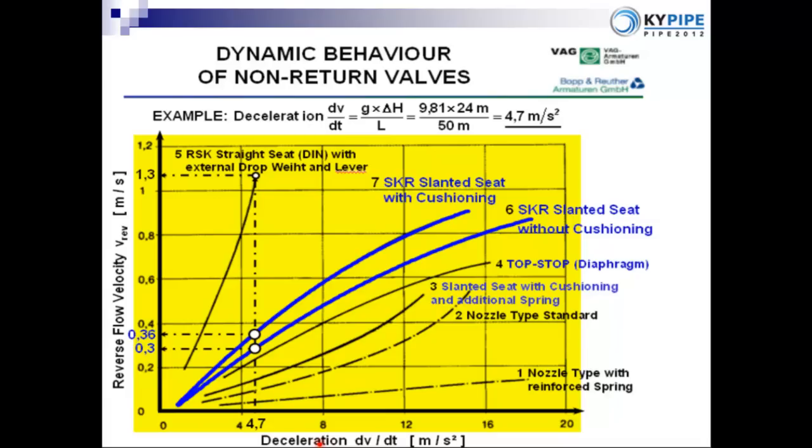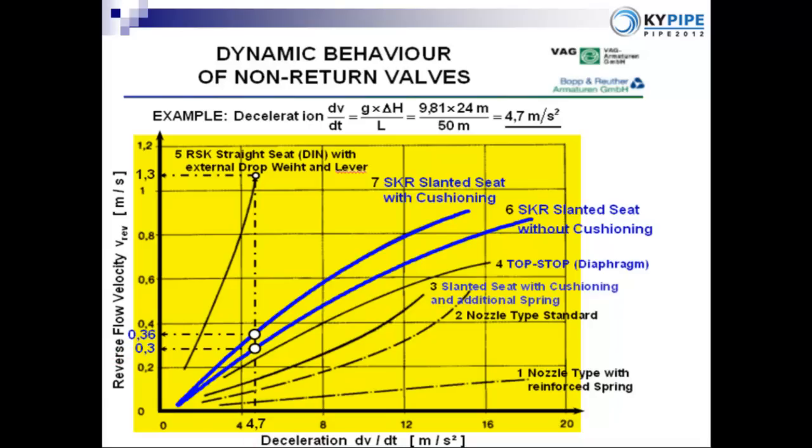I'm using two different terms here. One is the deceleration when the flow becomes zero. Most likely, this is when the check valve starts closing, and it takes some finite time to close. Just before the closure, suppose it takes 1 second, there is going to be potentially some reverse velocity, and this is that reverse flow velocity.